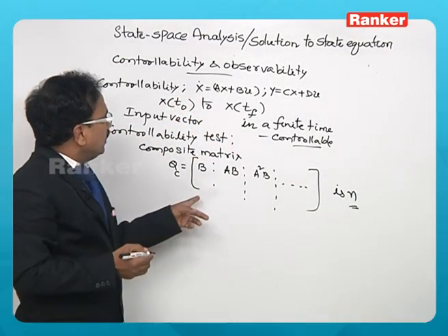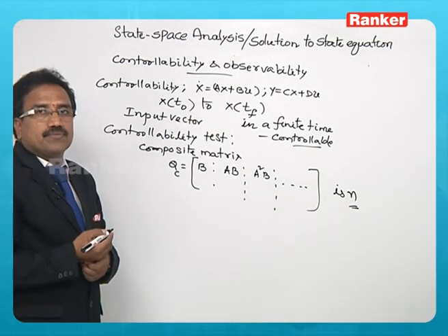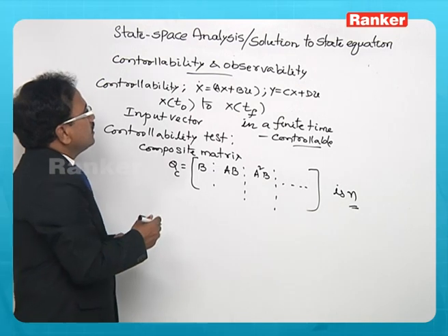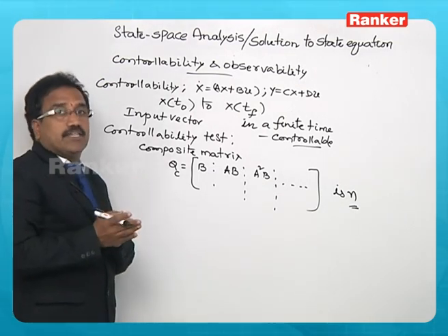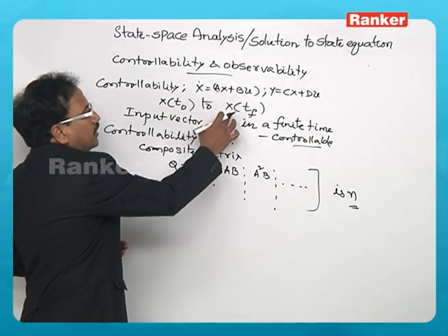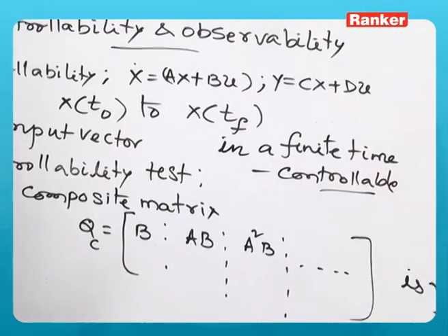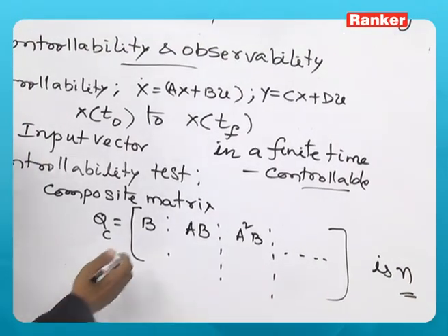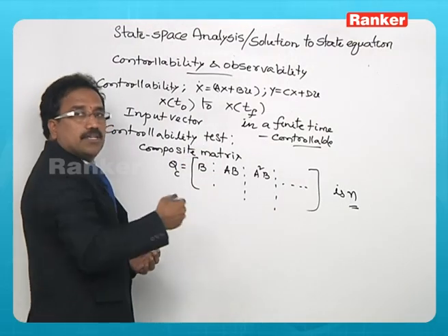So, how to obtain these components is from the state equation, because controllability is there is an input vector which is taking the system state from x of t0 to x of tf. That is why we use only the matrices of the state equation. You can see B is the input matrix and A is the state matrix.